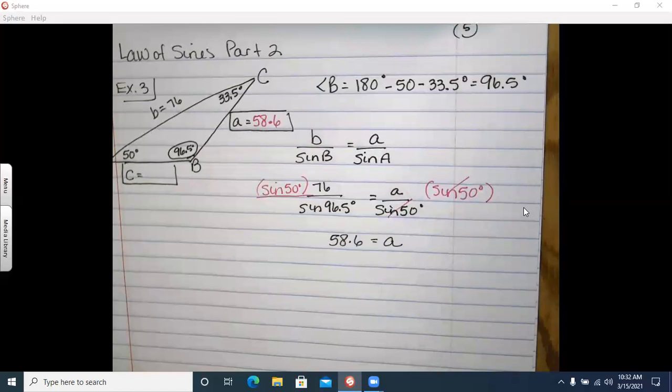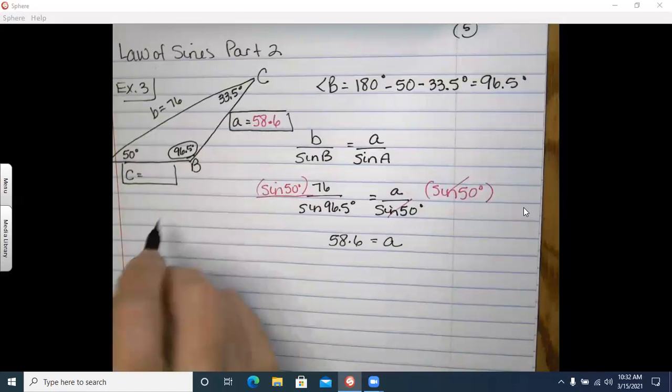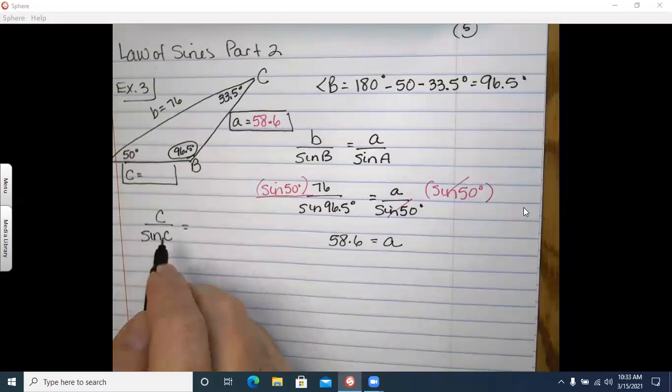So now to find side C, I can either use B over sine of B or A over sine of A because I know all parts of those, right? But I have to use C over sine of C because I want to find side C. So I just use B over sine of B. But again, it doesn't matter.